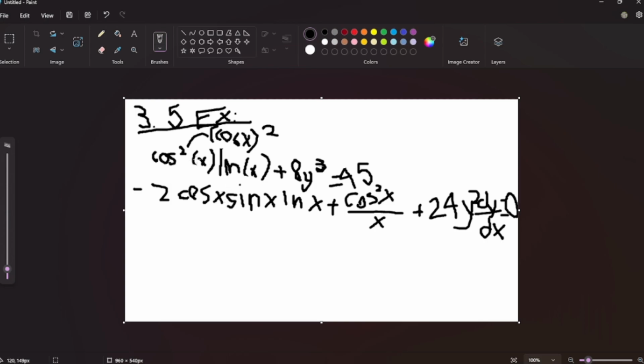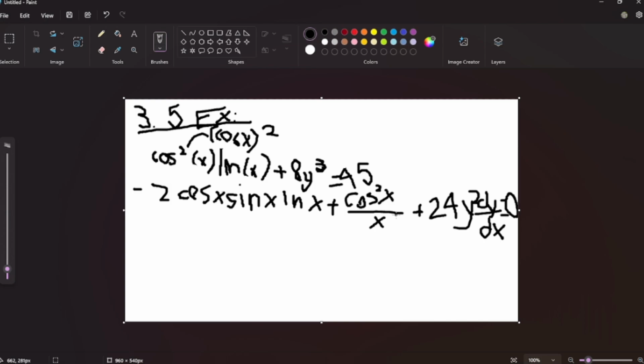And then you have the g again, which is cosine of x, and that's going to be negative sine of x, making it a negative 2. And then you have ln of x because of just regular g. And then you add that with cosine squared of x over x, which is gotten by, of course, not deriving this, and deriving natural log of x, which gives you 1 over x. And then you just multiply that to get that number.